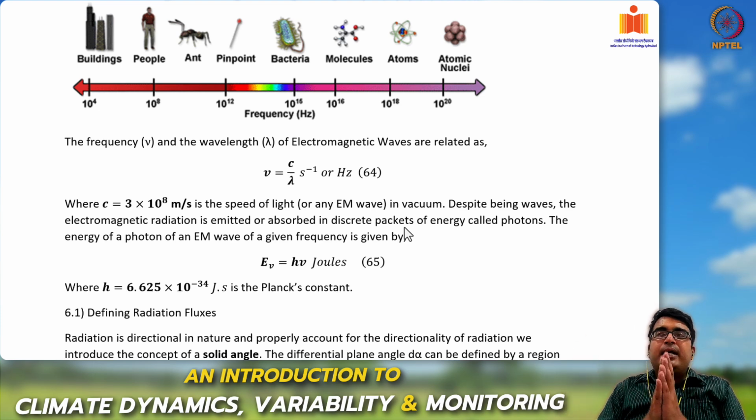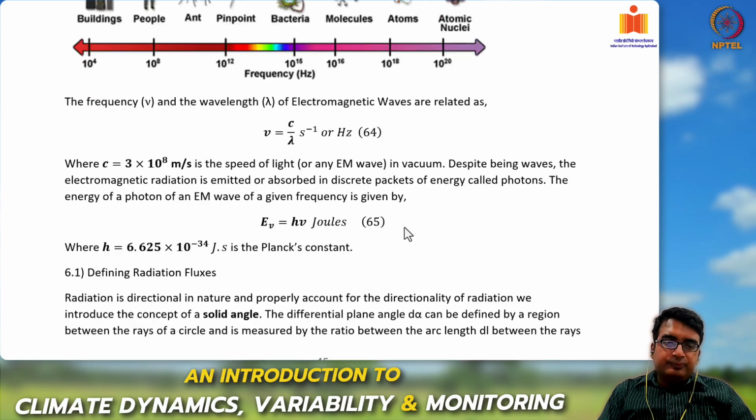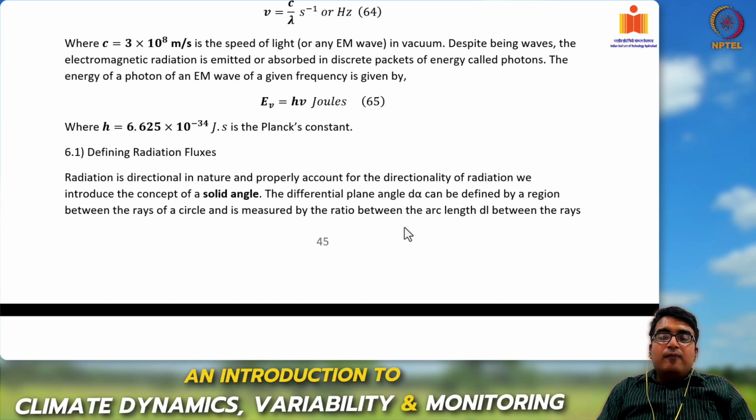Now that we understand what radiation is, a type of electromagnetic wave, let us discuss various ways to quantify the amount of radiation that is being emitted by a body or that is coming towards, or incident on, a body. Firstly, radiation is directional in nature, that is, it is coming from some place and going towards some place.